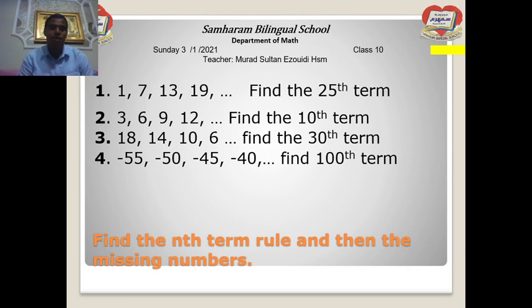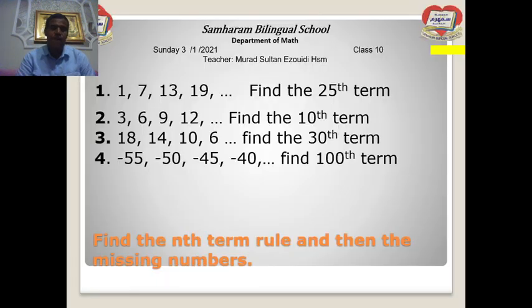It will be 3 plus 3n minus 3. Collect like terms: 3n plus 3 minus 3. 3 minus 3 is 0. So your nth term will be equal to 3 multiplied by n. And here n is now 10. So 3 by 10 is 30. And so on for the next, the third and the fourth sequence.